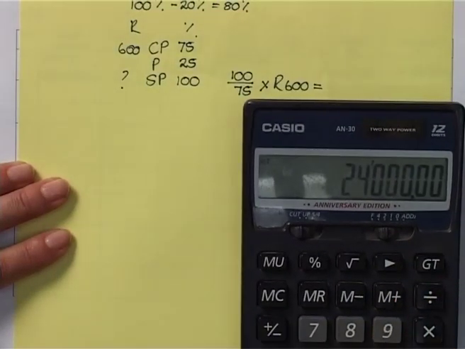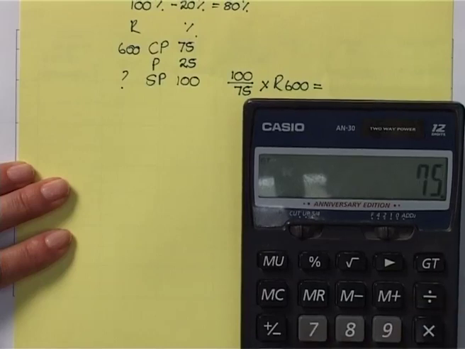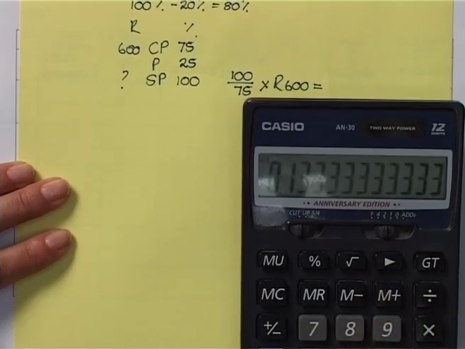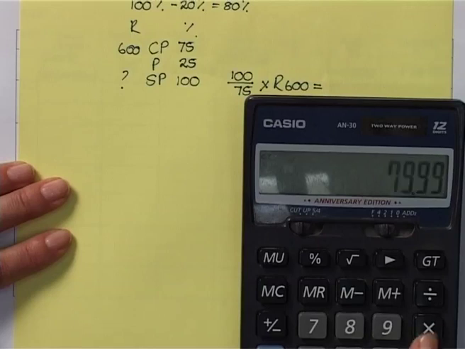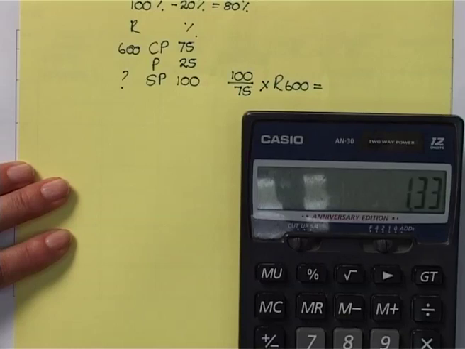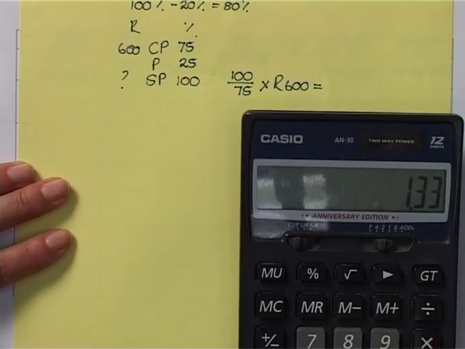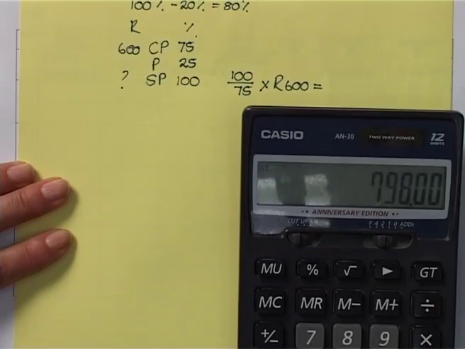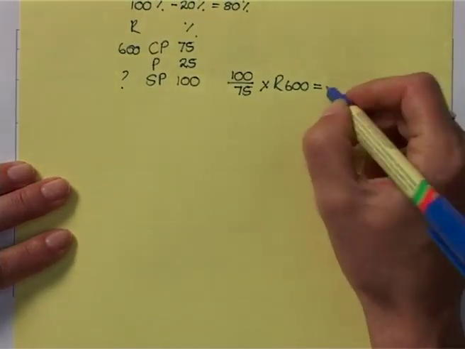Just for our calculation, 100 divided by 75 times the 600 Rand, and sorry, let's just redo that, finger troubles. 100 out of 75 times 600, and that will give us the 800 selling price.